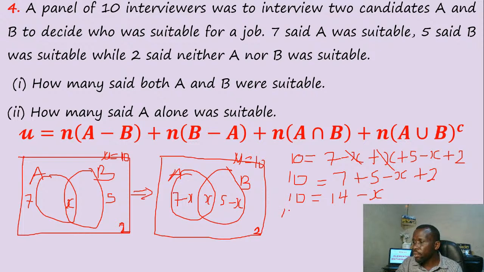It becomes 10 minus 14 equals minus X. Now, 10 minus 14 is minus 4 equals minus X. This minus cancels out this minus. X equals 4.